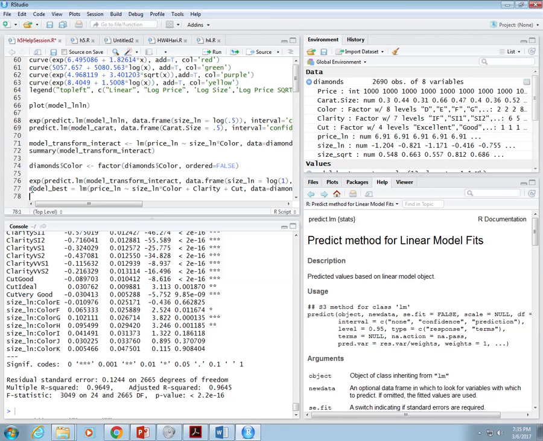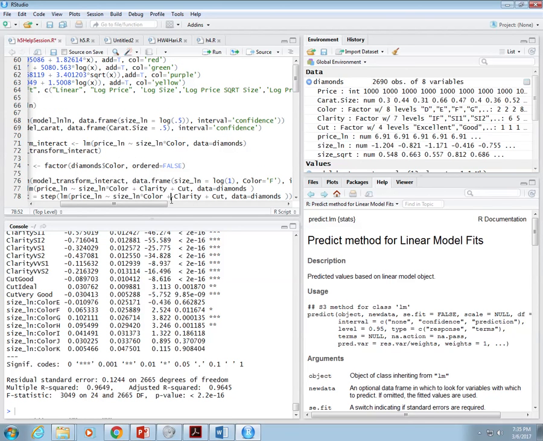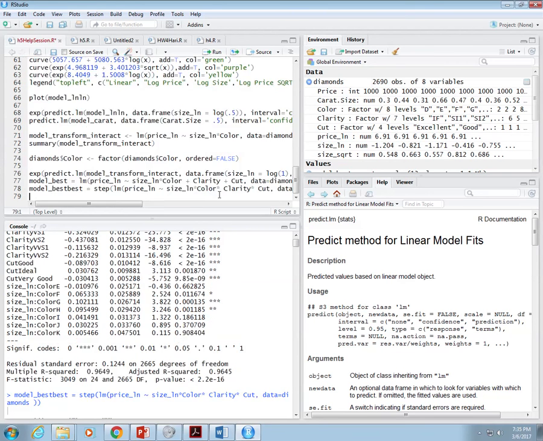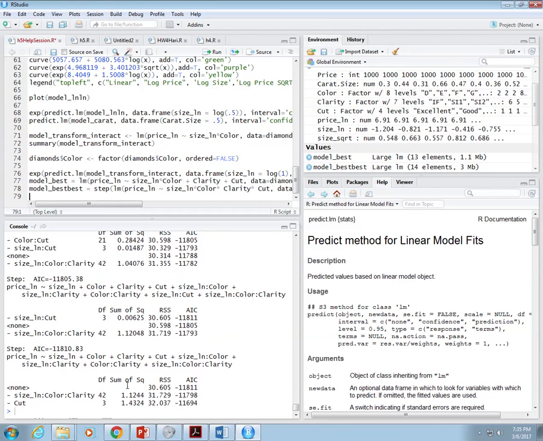Okay, that concludes it. If you want to get really fancy, you can find the actual best by, I'm cheating, interacting all these, and then that'll be a huge model, which won't be as good, but then the step function will cut down one by one to get to your actual best model.